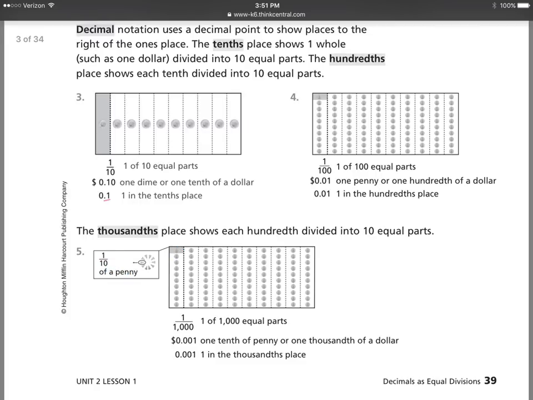If you broke each of these pennies into tenths, then you would have 1,000 places. So we're breaking this one into tenths, so theoretically we're breaking them all into tenths. So you can multiply this 100 times 10 and you'll get 1,000. So what we're talking about here is 1,000 pieces, each penny broken into 10 equal pieces to equal 1,000.